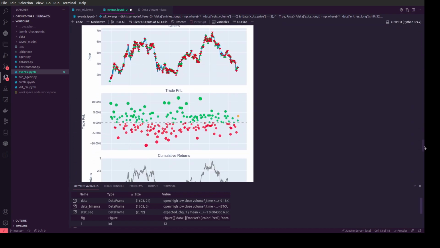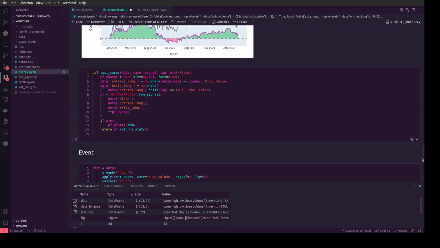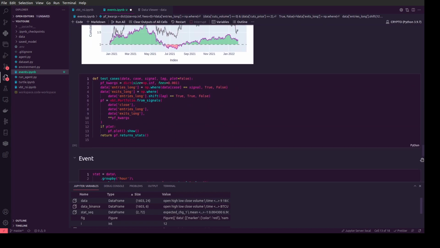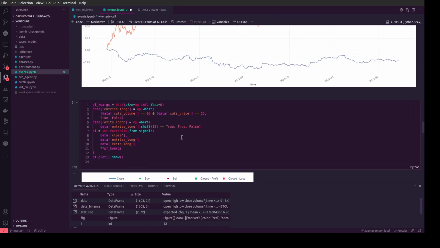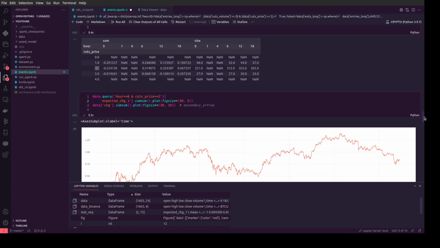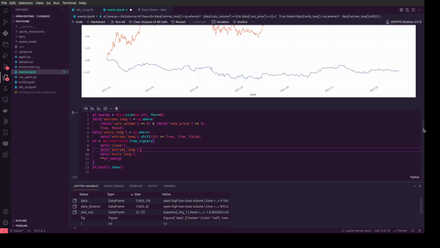So, for example, you could use this cell to analyze some events, and you indicate let's analyze this situation when cuts price is 2 and expected change 1 or 0.